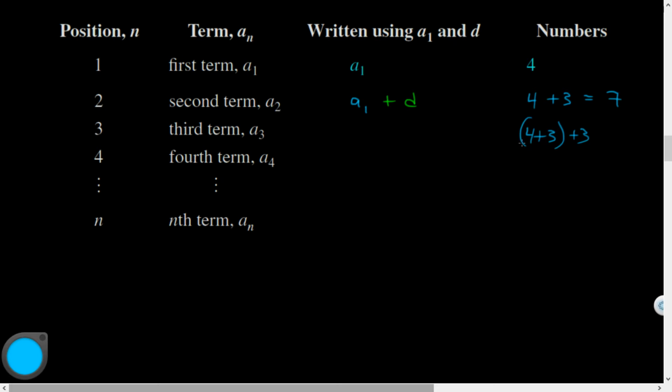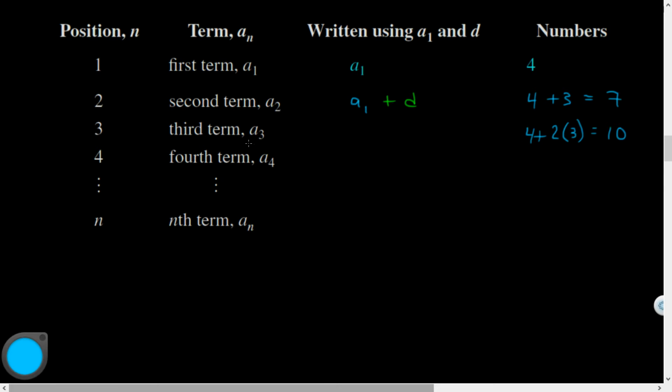But instead of doing 4 plus 3 plus 3, and then maybe you'd realize for the next term it would be 4 plus 3 plus 3 plus 3, repeated addition, we have another way of describing that. Use multiplication. Adding 3 twice is the same as just saying 4 plus 2 times 3. And 2 times 3 is 6, plus the 4 is 10.